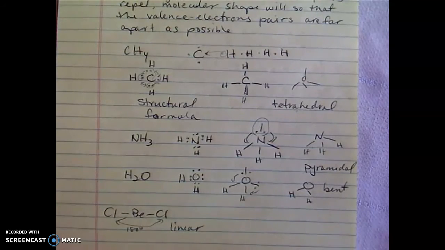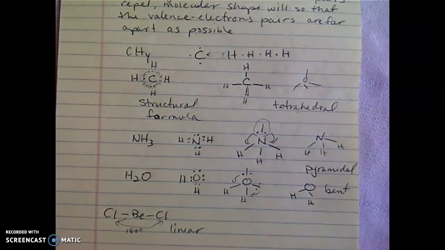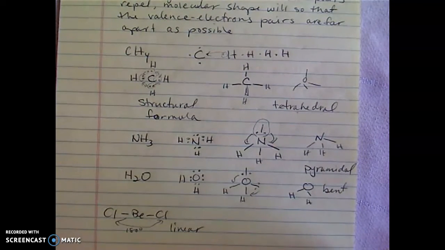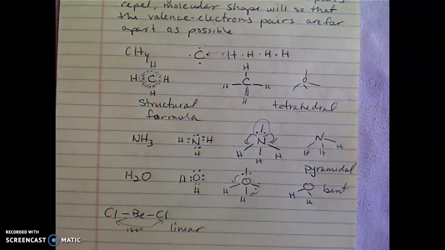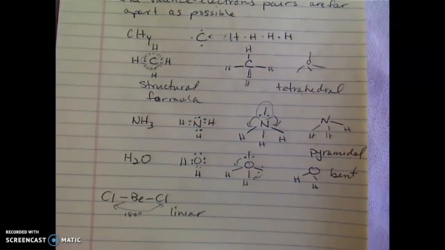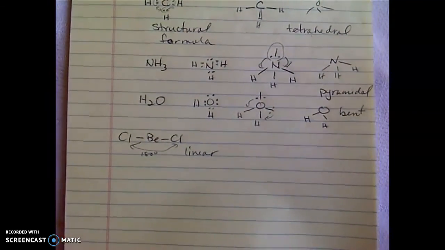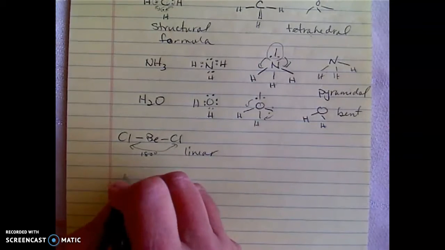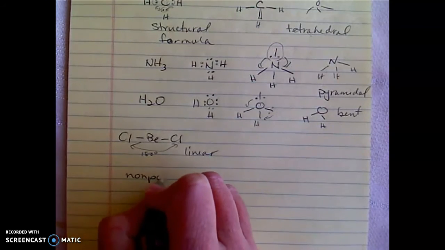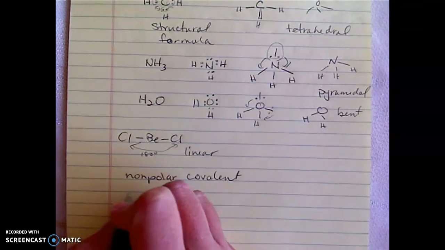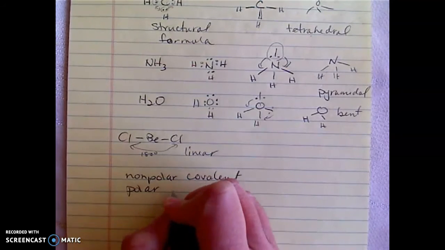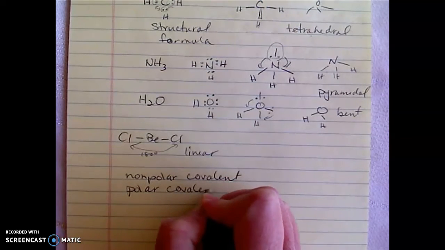Now that we have our shapes, again, if we want to know if a molecule is polar, if it has the ability to attract to itself or other molecules like it, one thing, again, you do have to look at is the shape, but you also have to look at the bond itself. Okay. We have what we call a non-polar covalent bond and a polar covalent bond.